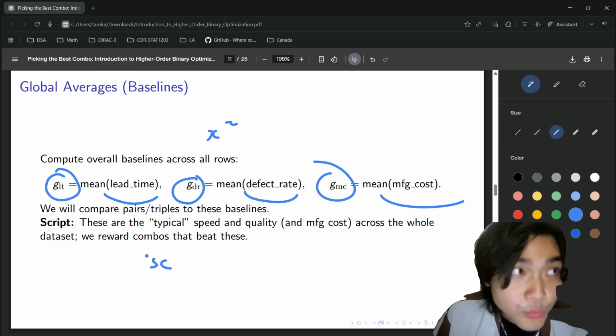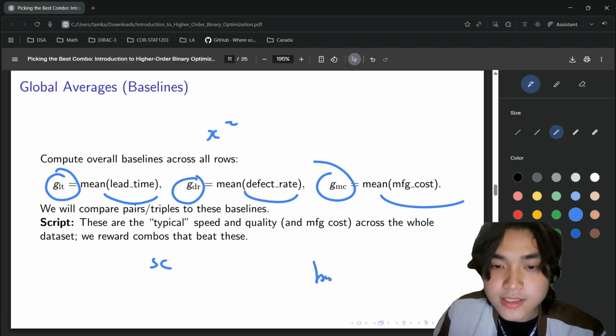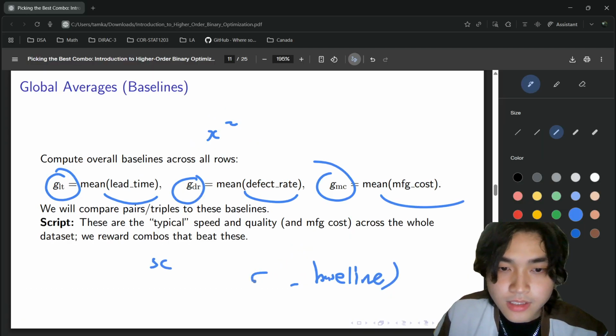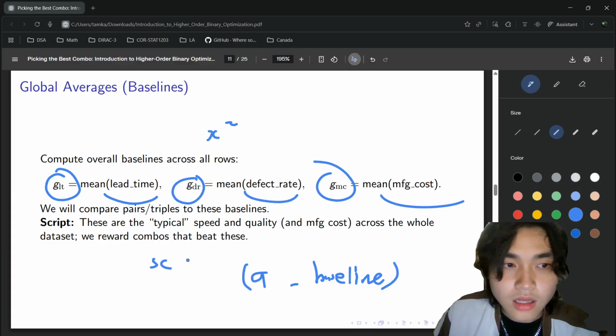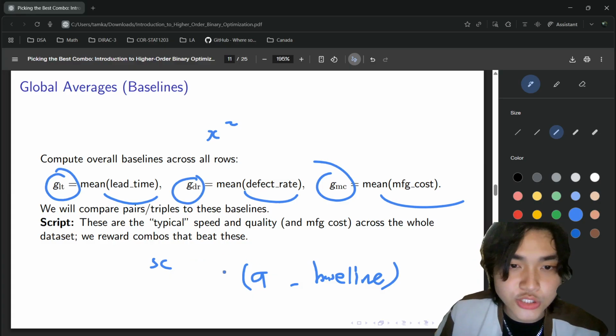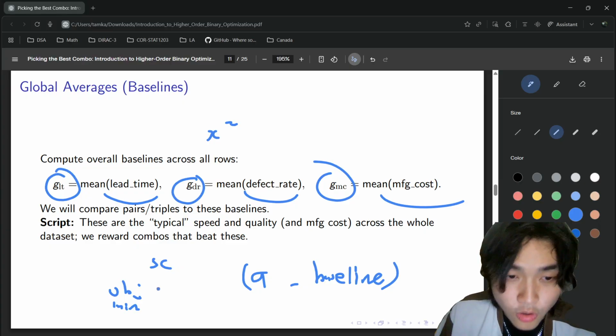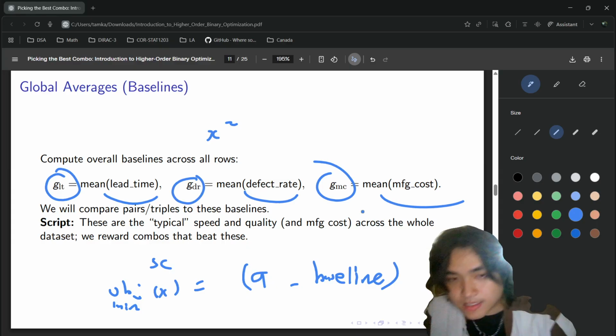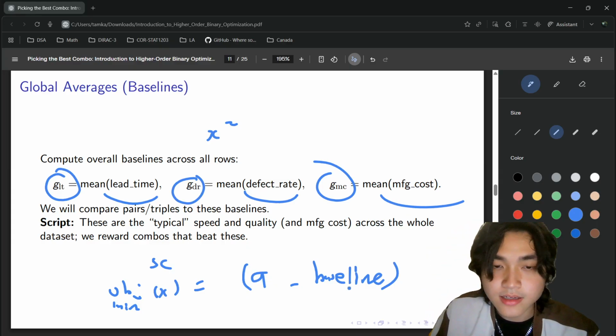And the reason why we need the baselines is because in the equation that I'll be showing later, when we decide on a coefficient, or rather to solve our objective function, which is to get the minimum score, we need to make sure that the A here is smaller than the baseline.